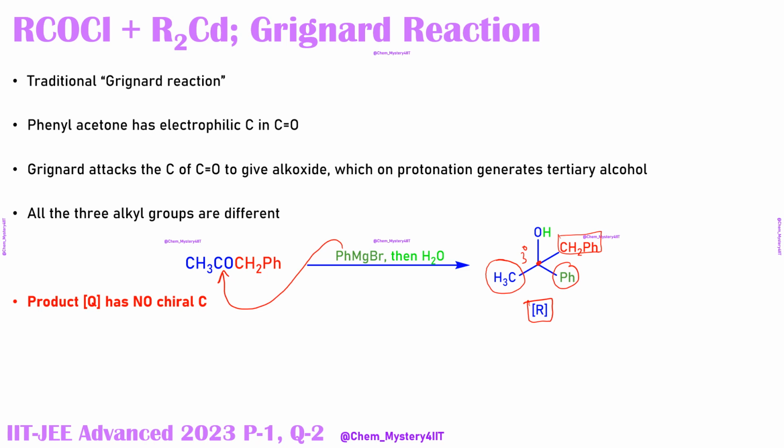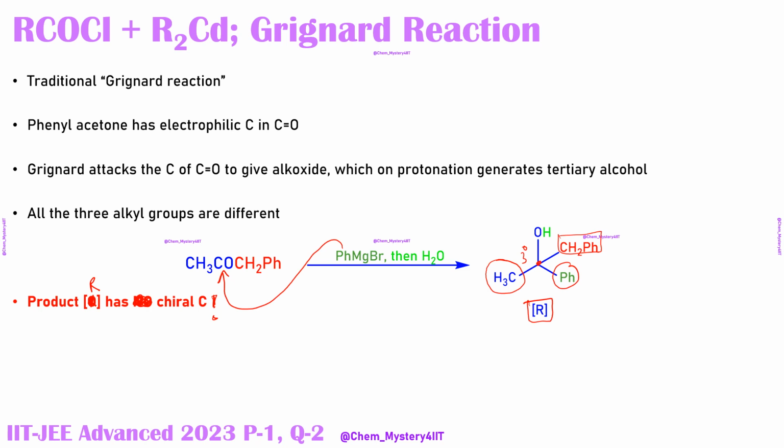We are not talking about Q now, we are talking about R. Product R has chiral carbons present. This is going to be the correct option with respect to whether asymmetric carbons are present or not.